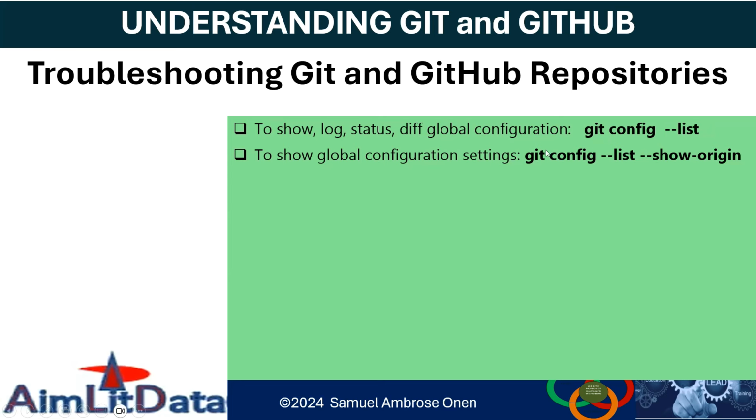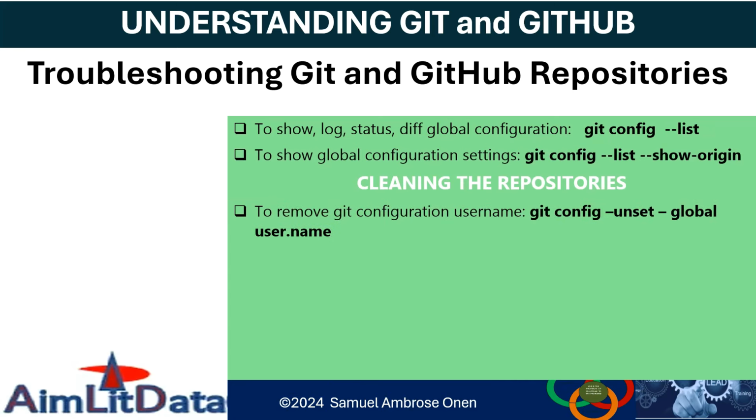We have done these two so far. Now we are going to start the actual process for cleaning the repositories. The first thing that we are going to do is unset the user configuration from our system. By using git unset, we're going to unset the name.